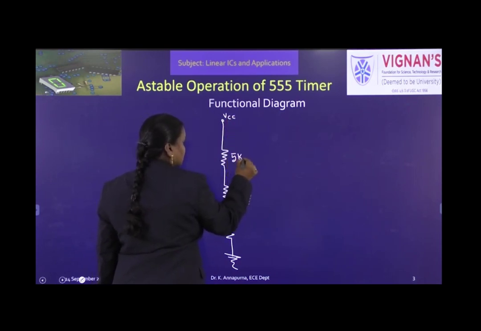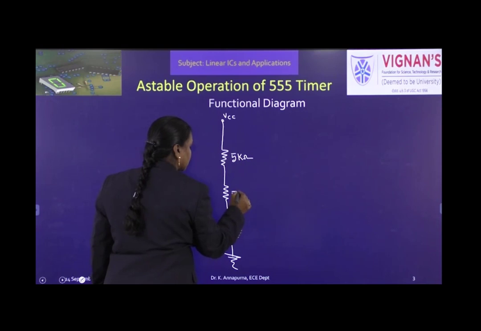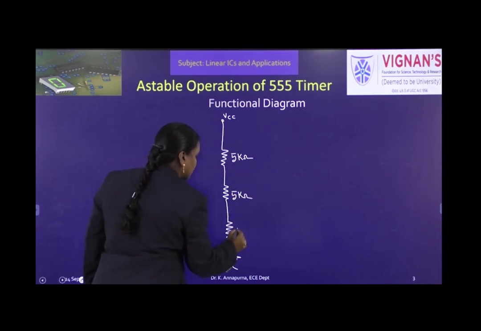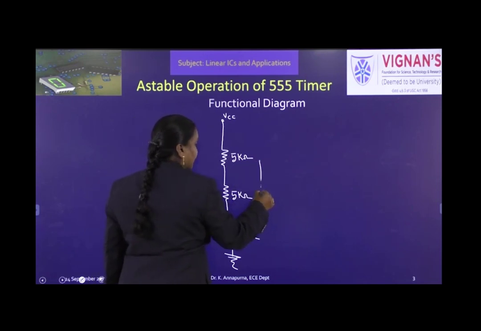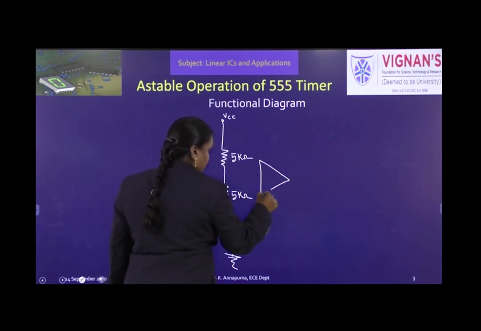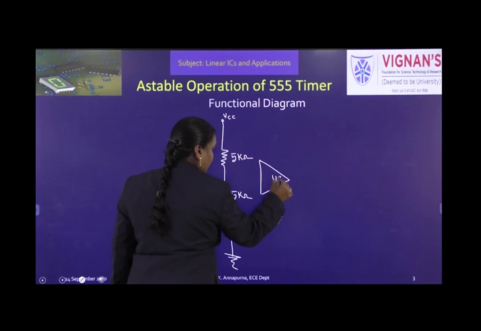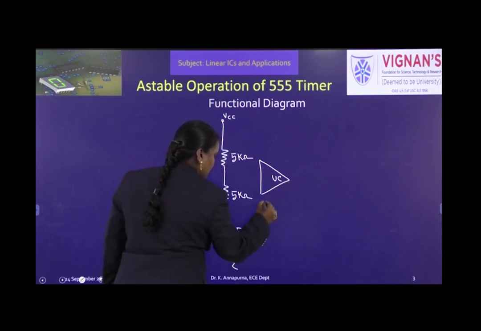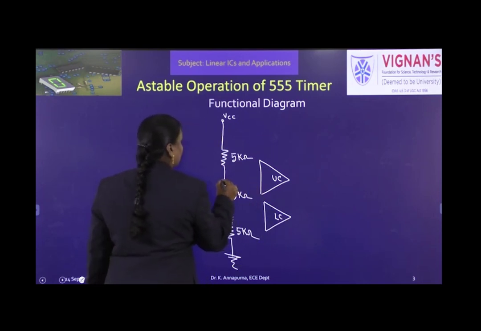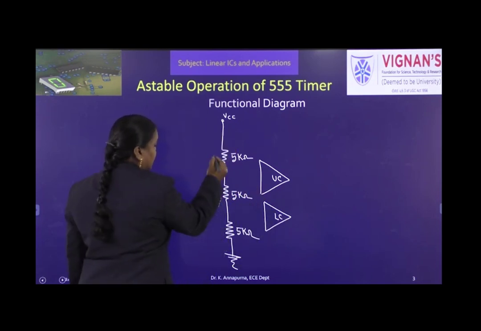Three 5 kilo ohm resistors are connected in series to provide the voltage division, and 2 comparators are used. This is the upper comparator, this is the lower comparator, okay, and here it equally divides.